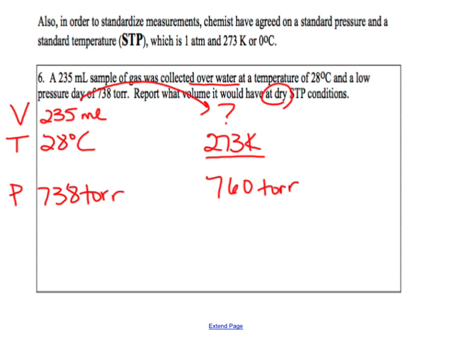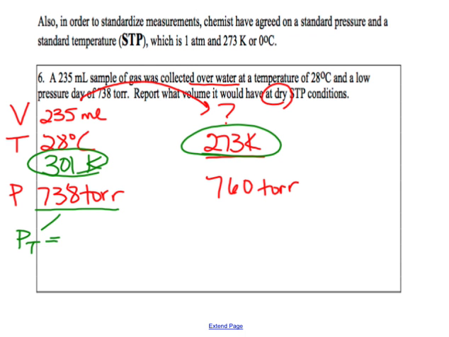So I have to go from here to here, but I see a bunch of stuff wrong. What do we have to do first? Convert this degrees Celsius to Kelvin. Well, I know 25 is 298, so that's 3 more. That's going to be 301 Kelvin. So I've got my Kelvin temperatures. Good. Now the problem is with my vapor pressure. The total pressure is really equal to the sum of the pressure of the water vapor plus the pressure of, they didn't give us the name of the gas, did they?